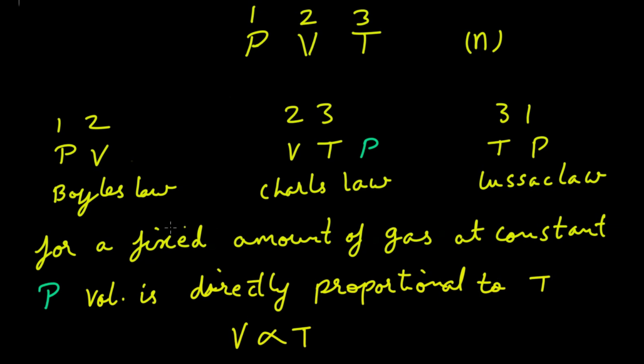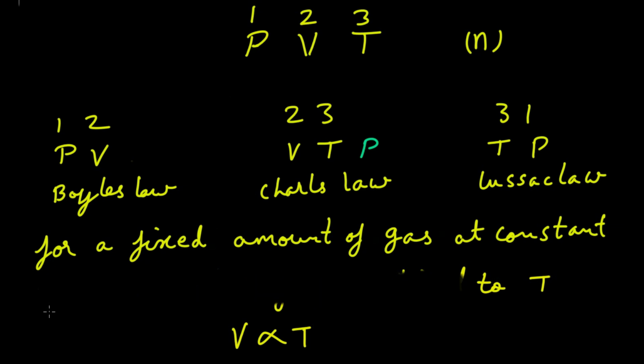Now with the same statement we will take down Gay-Lussac's law. Rub out the end part, just the relation part. Now look carefully. Temperature is there, pressure is there. What is not there? Volume is not there. So volume is not there in Gay-Lussac's law. So for a fixed amount of gas at constant volume, what happens?